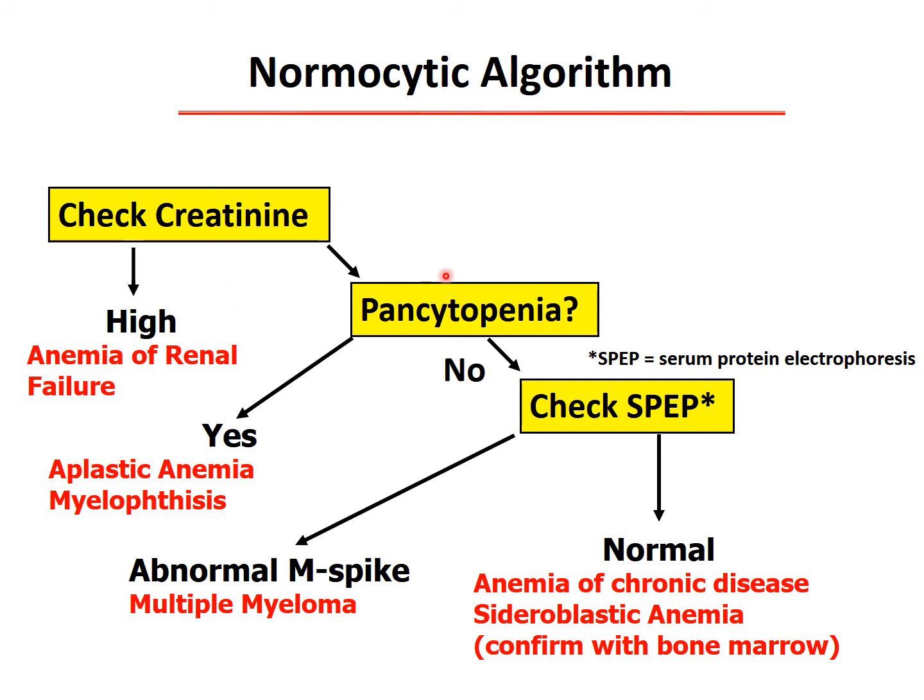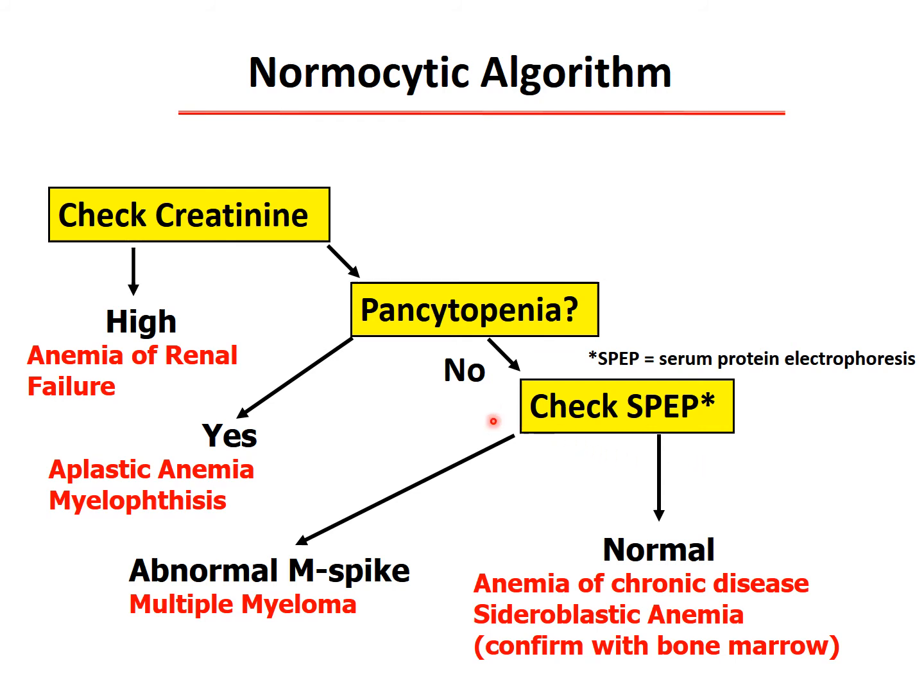If not, look at whether we have a pancytopenia. We do have a decreased white blood cell count and decreased platelet count. If so, it is possibly due to some kind of neoplasia or aplasia of the bone marrow. If not, do serum protein electrophoresis. That's an immune-mediated process.